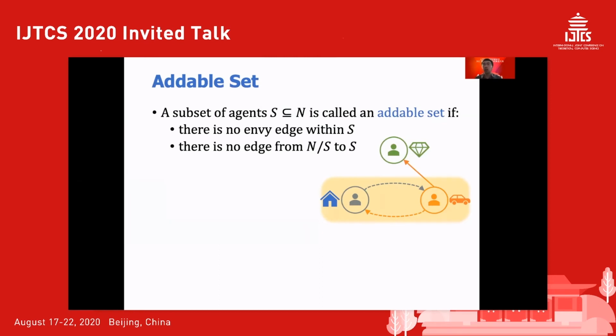So with this intuition, when we have an edible set, the solution is that we should be able to add some amount of cake to the agents in the edible set while maintaining this EFM condition. The question is how much cake and in what fashion should we add to the agents in the edible set?